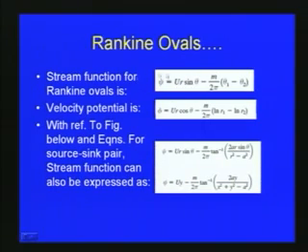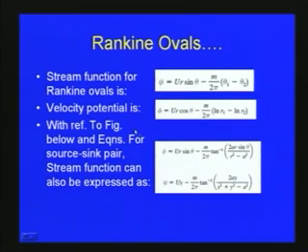The stream function for the Rankine oval can be defined as psi is equal to u r sin theta, which corresponds to the uniform flow, u r sin theta, minus m by 2 pi (theta 1 minus theta 2), and the velocity potential is defined as phi is equal to u r cos theta minus m by 2 pi (natural log r 1 minus natural log r 2). So, this u r cos theta or u r sin theta represents the uniform flow, and this term represents the source and sink superimposed in the uniform flow.